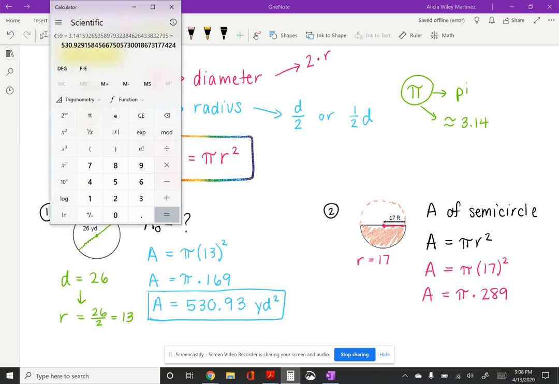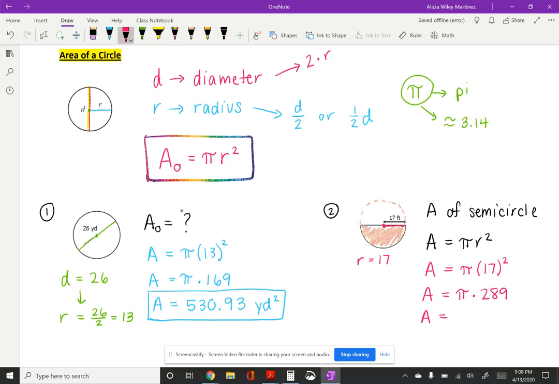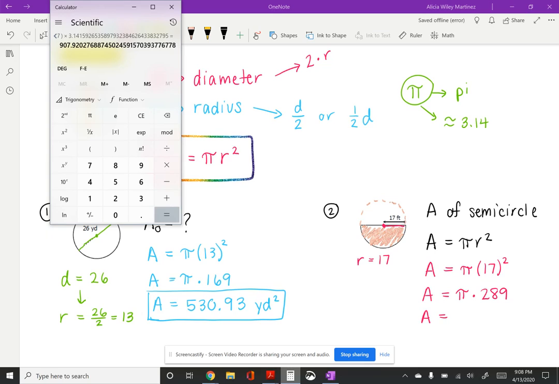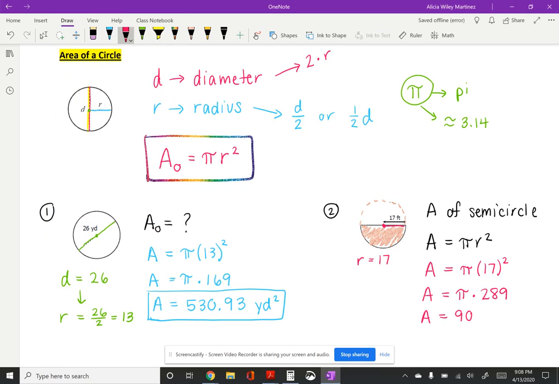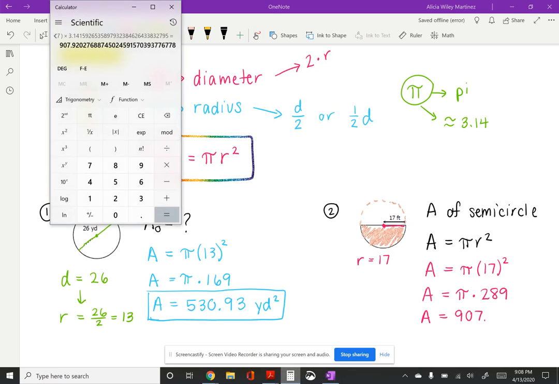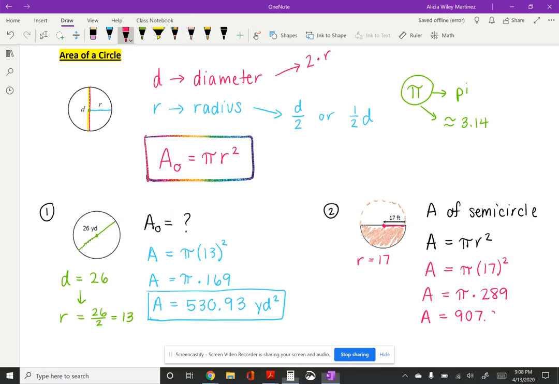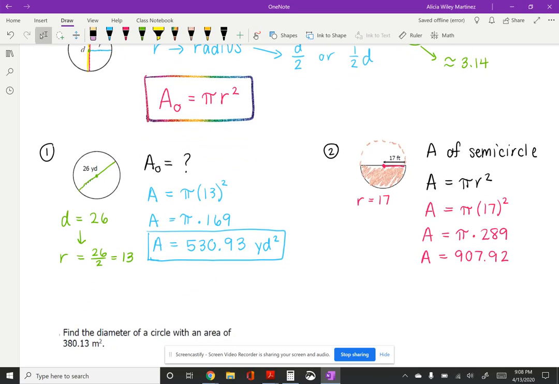If you don't know that, you can put it into your calculator, 17 squared, and then times it by pi to get your approximate value of the area of the full circle, 907.92. Now, remember that this is the area of the full circle.